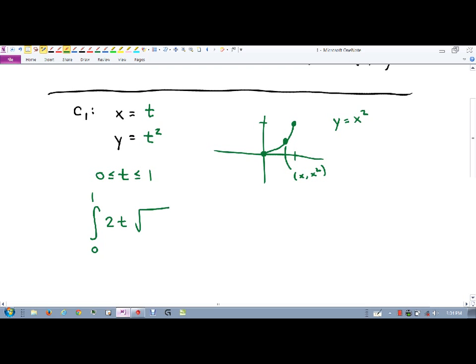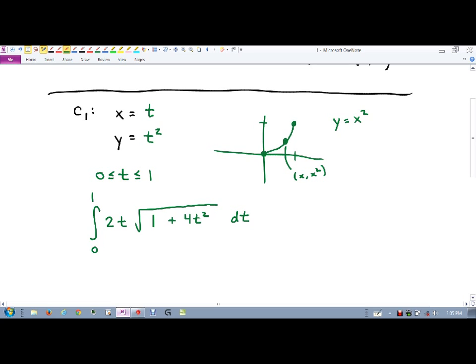Then the square root of, here comes my ds, the derivative of x with respect to t, which is 1, squared, plus the derivative of y with respect to t, which is 2t, squared, so 4t squared, and then dt. Does everyone understand where these pieces came from? The 1 is the derivative of x with respect to t, squared. The 4t squared is the derivative of t squared, squared.